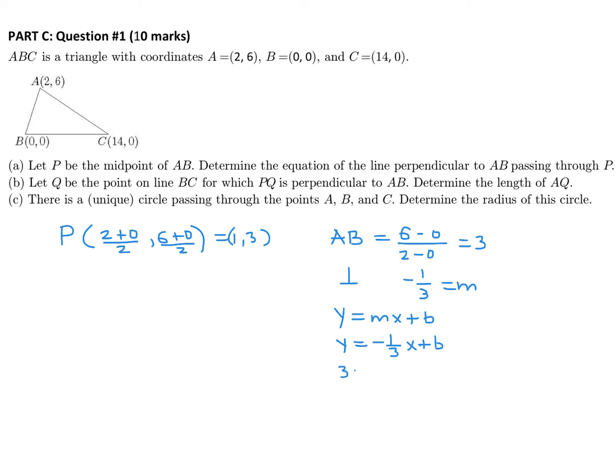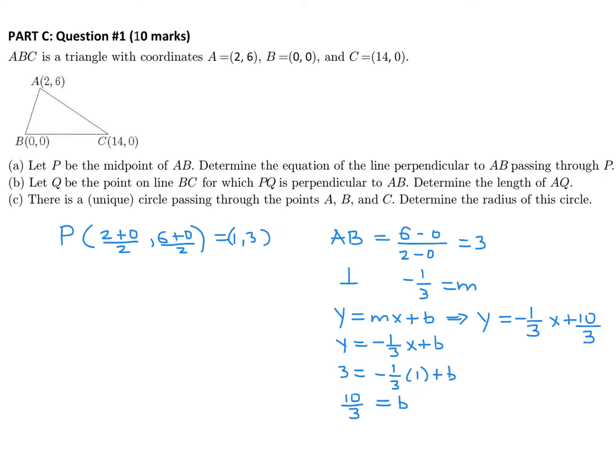When y is 3, x is equal to 1. And then if you solve for b, you get b is 3 plus 1/3, which is 10 over 3. And therefore, that equation is y equals negative 1/3 x plus 10 over 3.